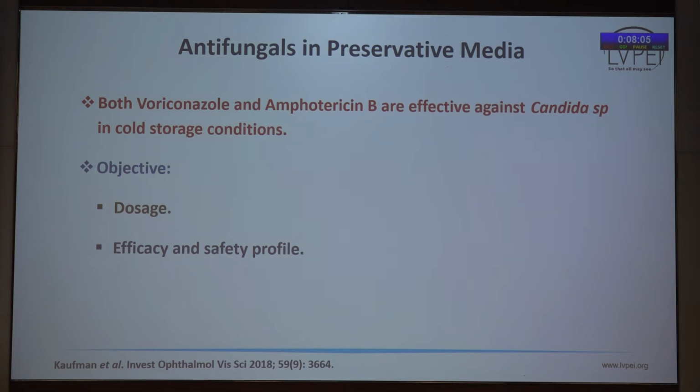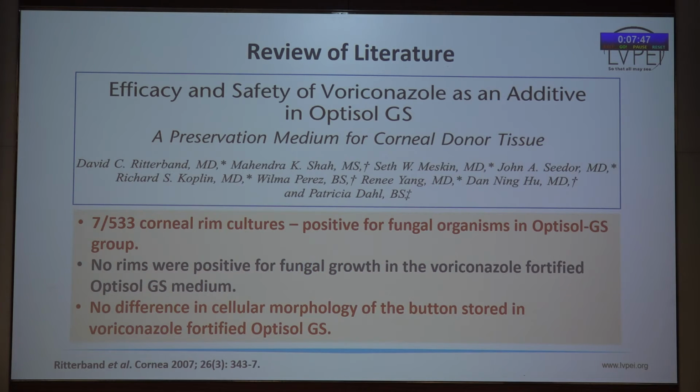Maybe safety and efficacy have been tried, but the dosage has not been decided. I feel the issue is cost, and when to put it in and how long it is stable. And what is the dosage and efficacy? Any drug will have an efficacy and safety profile.